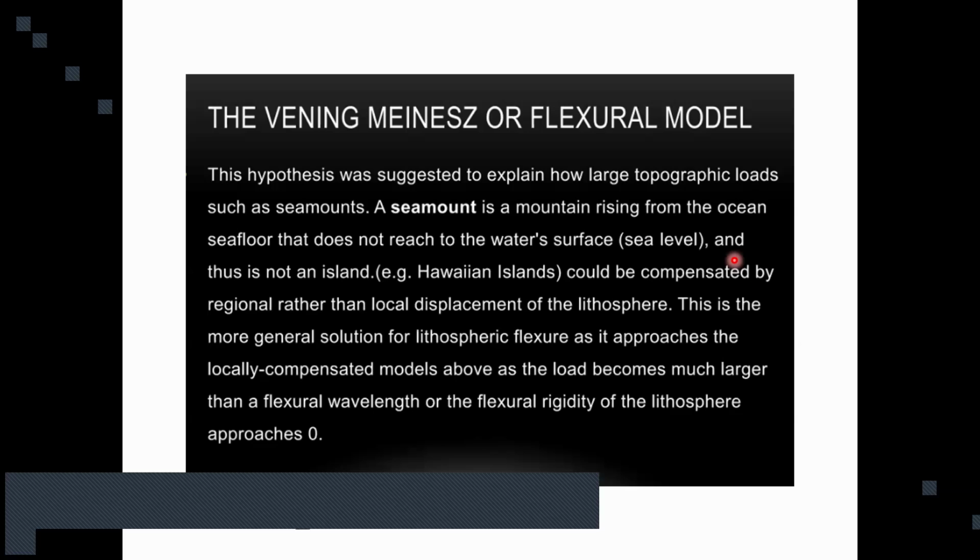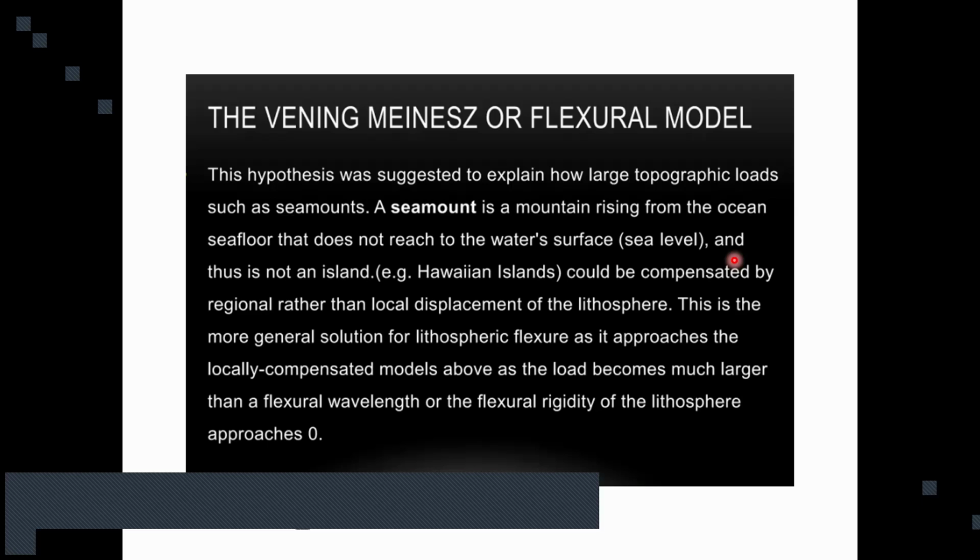So a seamount is a mountain rising from the ocean floor that does not reach the water surface or sea level, and thus it is not an island, so to speak. It is when it extends above the water surface into the atmosphere that you call it an island. But when it does not reach the surface of the water, we call it a seamount.